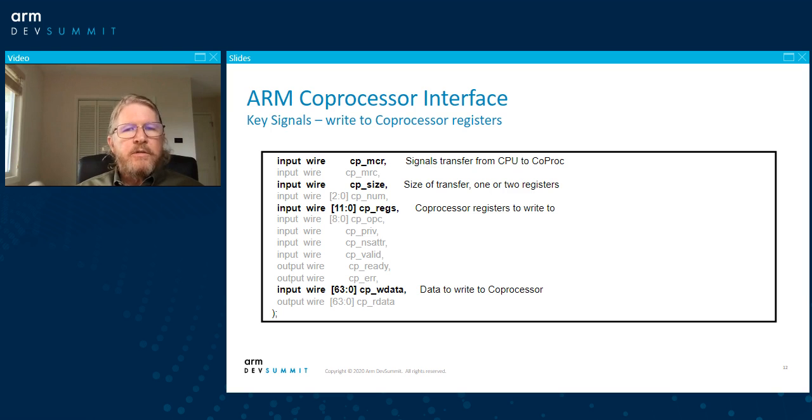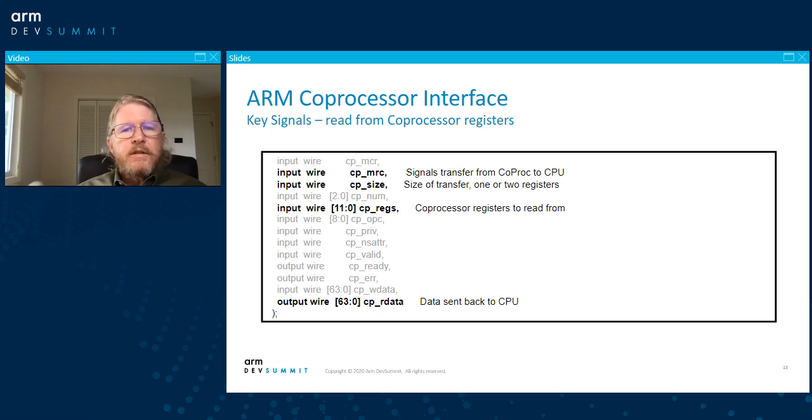Are we moving a single register of 32 bits or two registers of 64? The coprocessor register signal contains an encoding of which coprocessor registers we're writing to, and the CPW data signal contains the data that's going to be written to those registers. So using these signals, we can identify what data goes into the registers and route them to the appropriate coprocessor registers.